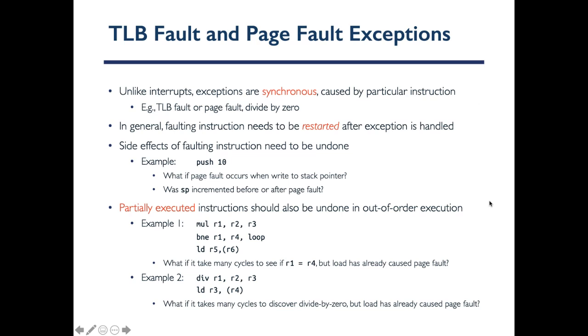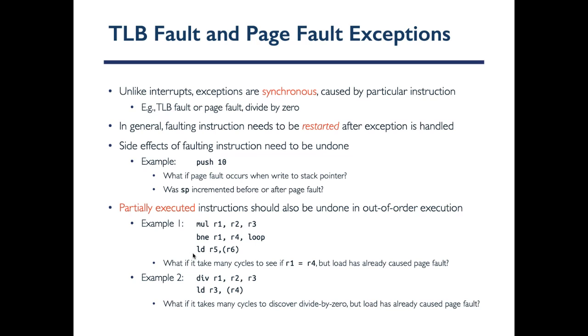Okay, so now if you have an out of order processor, this branch instruction depends on this multiplication because you're checking R1, right? And in order to get R1, you need to multiply R2 and R3. Now, this multiplication could be expensive, could take multiple cycles. This branch says if R1 is equal to R4, then go to loop. You might say, okay, I'm waiting for this multiplication, I might want to execute this instruction, right?